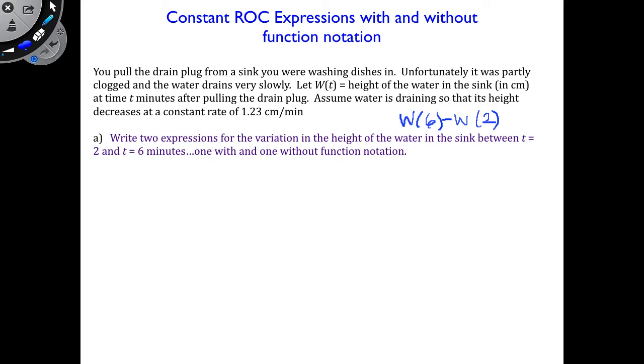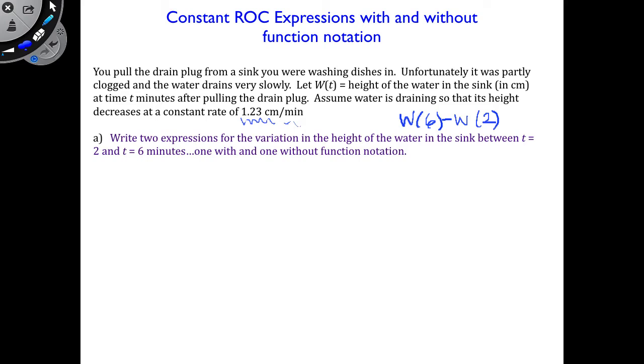Right, yeah, we've got this rate, 1.23 centimeters per minute, and this is 4 minutes. Because it's a constant rate of change, for all time as far as we're concerned, time 0 through a while, not infinity, since the sink will eventually run out of water, any 4-minute time period would have the same amount of water drain out, since this is a constant rate.